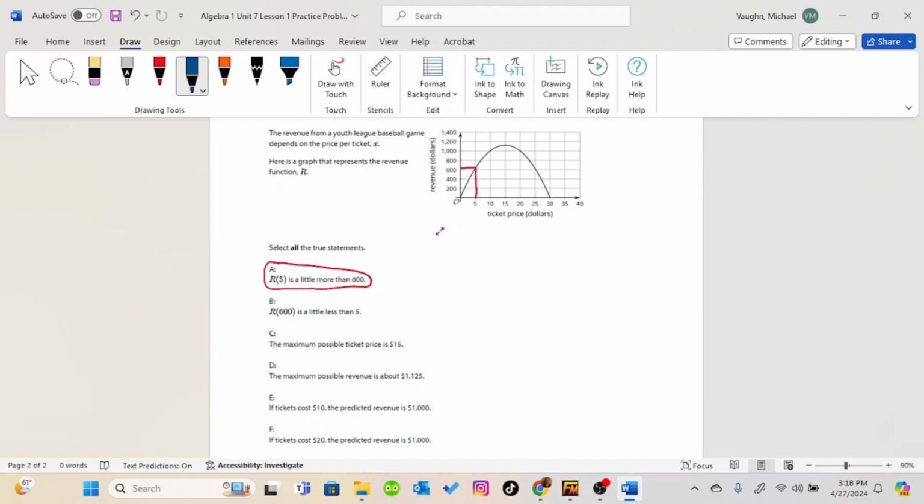So B is not correct. C. The maximum possible ticket price is $15. Well, we can see ticket prices all the way to $30. So C cannot be correct.